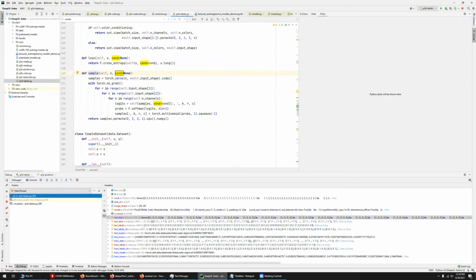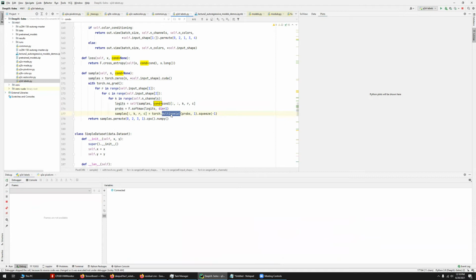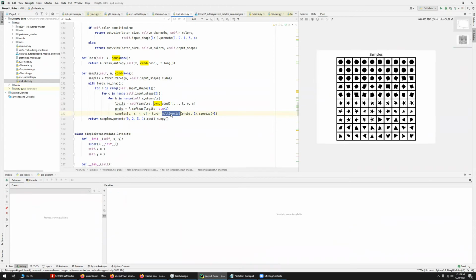All it does is send it to the feed forward, and then when it calculates the probabilities, it takes into consideration the conditions. Then it's the same again, multinomial distribution. And as we can see, the first 25 are circles, kind of circles. The next 25 are squares, then the next 25 are stars, and then the next 25 are triangles.